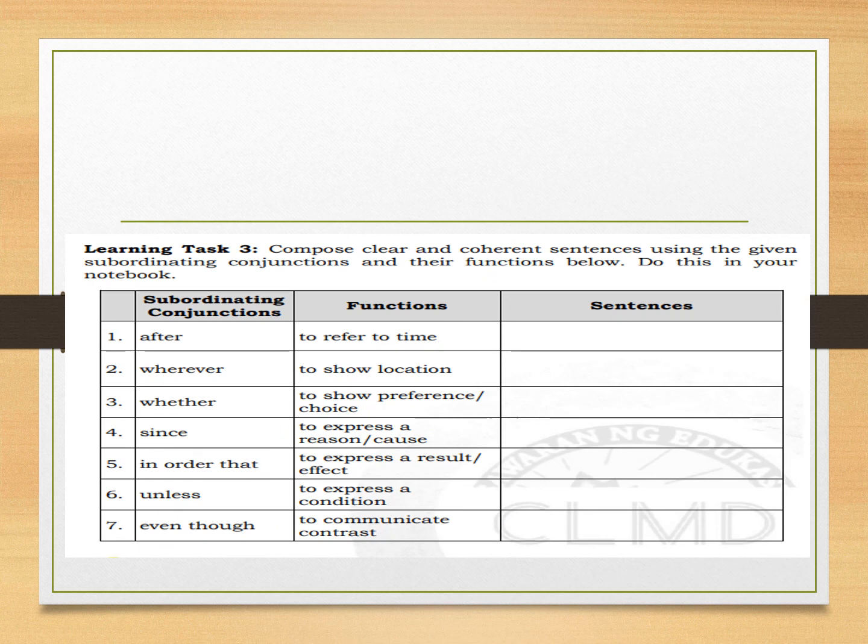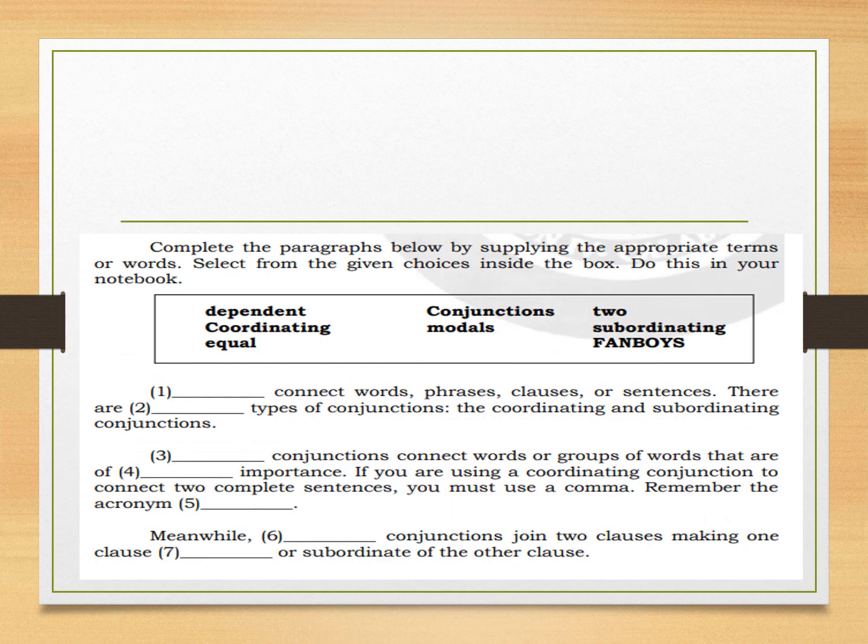For learning task 3, compose clear and coherent sentences using the given subordinating conjunctions and their functions below. Do this in your notebook. And complete the paragraphs below by supplying the appropriate terms or words.